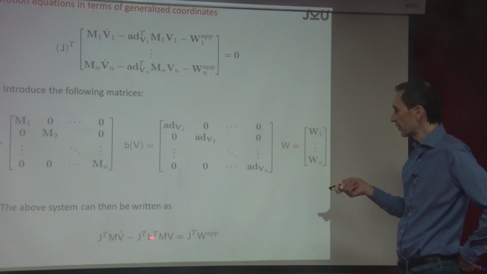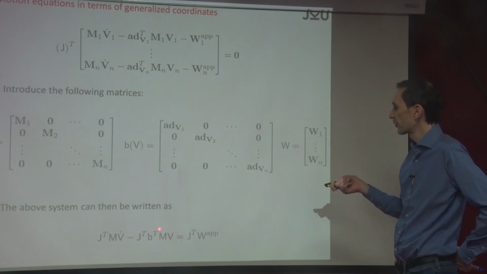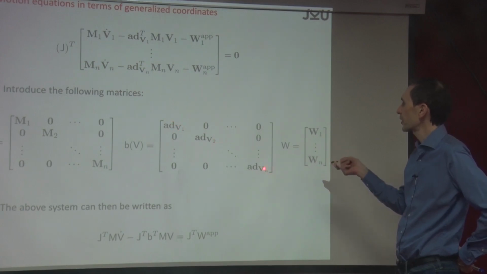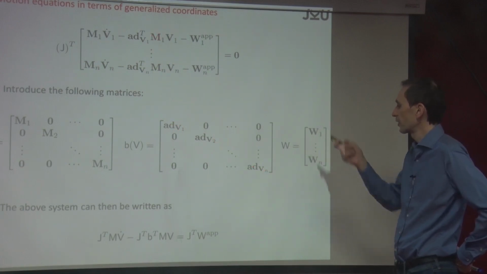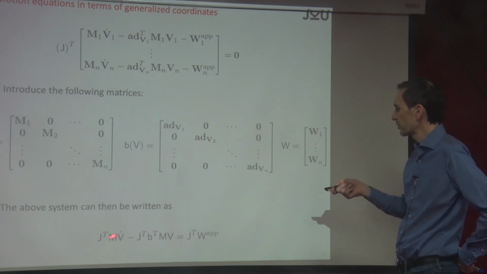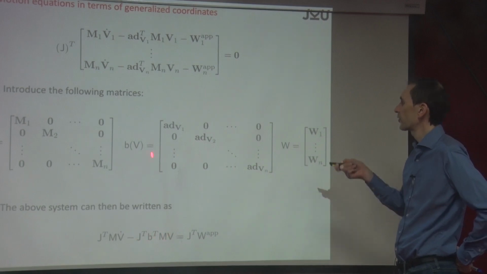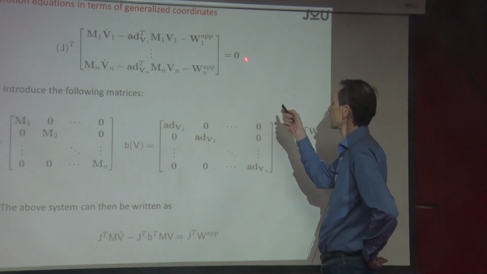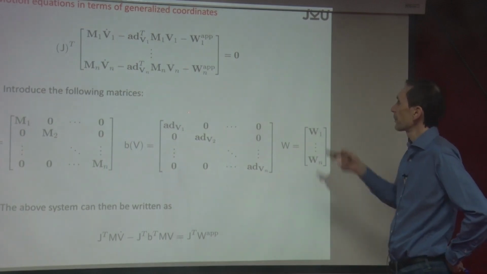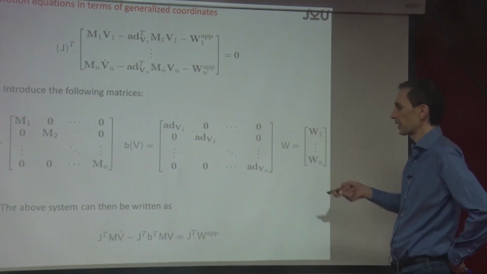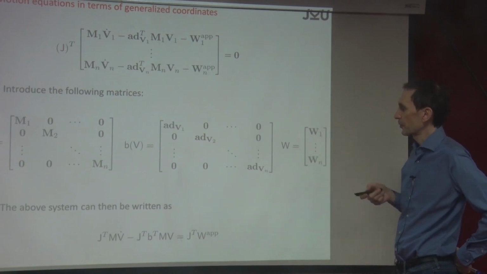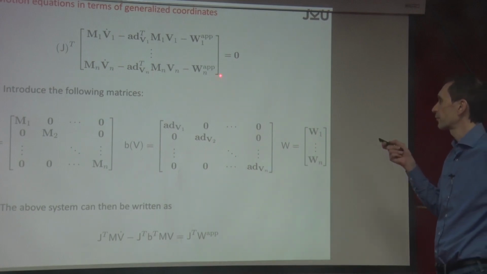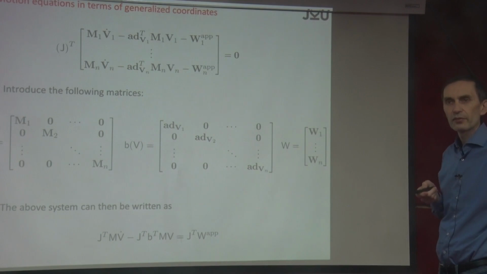If you say minus V transposed MV, it's essentially this transpose, that transpose, that transpose times M1, and so on, times V. So this part, forget about the G transpose for the time being, is essentially this one, okay? Then you bring this on the right-hand side, just not to have 0, but you have the W, and the W goes in here, okay? And then you have to pre-multiply everything with J transposed. So essentially, using these matrices, we have expressed that equation system.